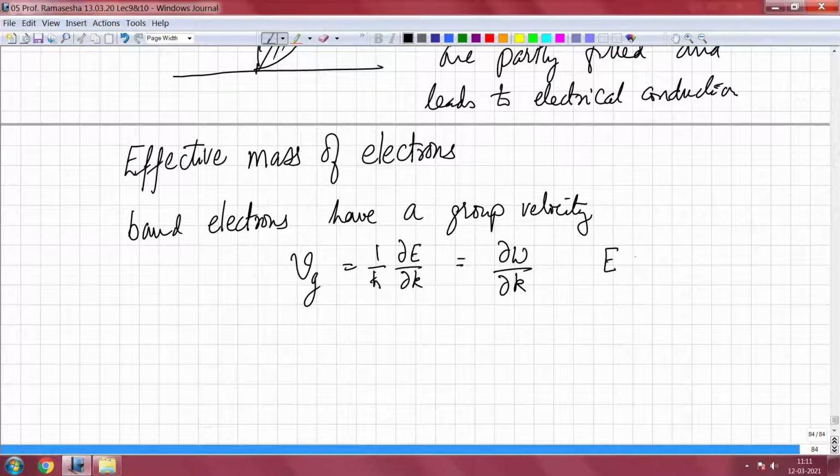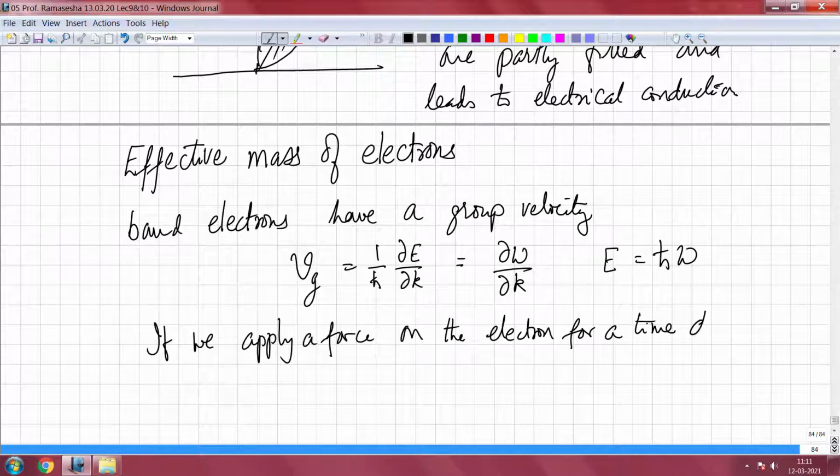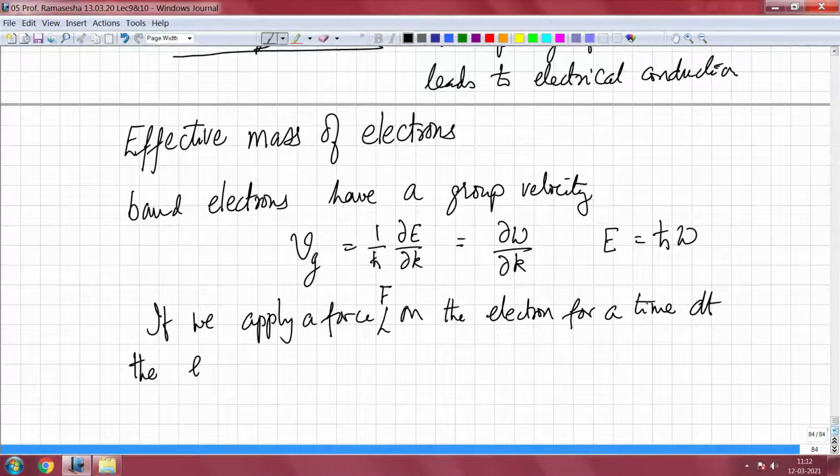Because E is equal to h cross omega. Now, let us see what happens to the change in energy when we apply a force on these electrons. If we apply a force on the electron for a time dt, let us say the force is F. I am just looking at scalars because I am looking at a one dimensional problem.